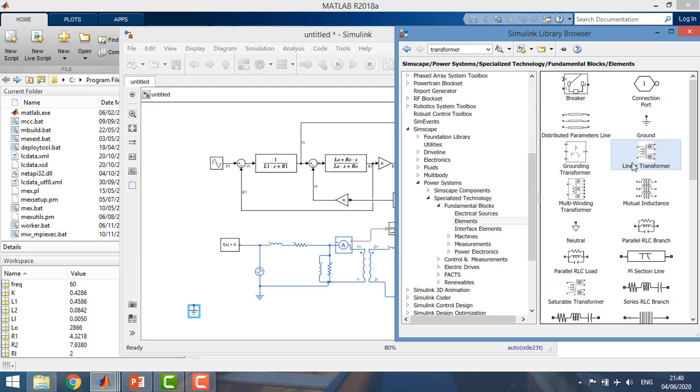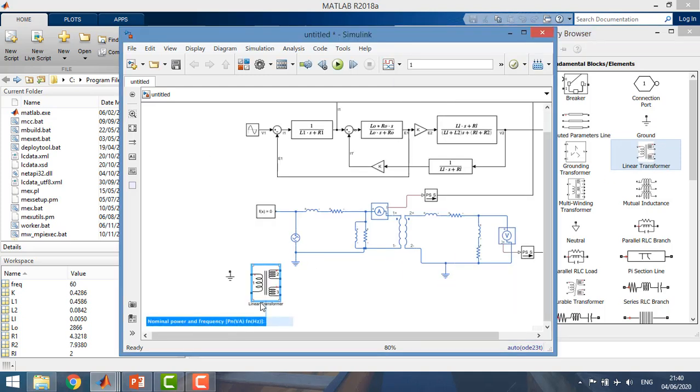So we are using a linear transformer, which can represent a two windings or three windings single phase transformer.